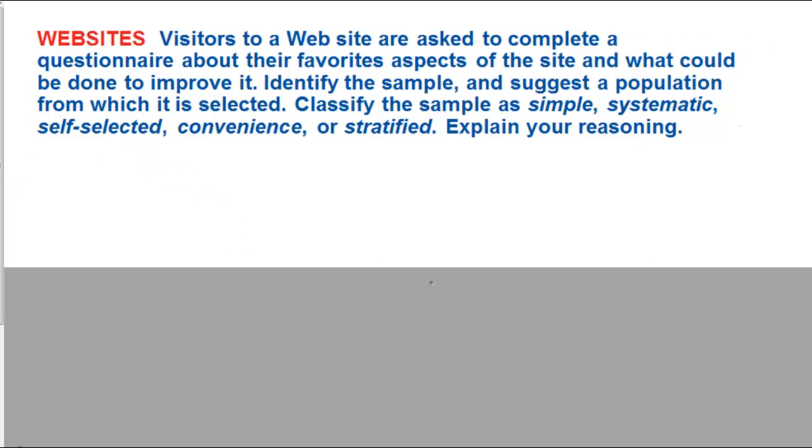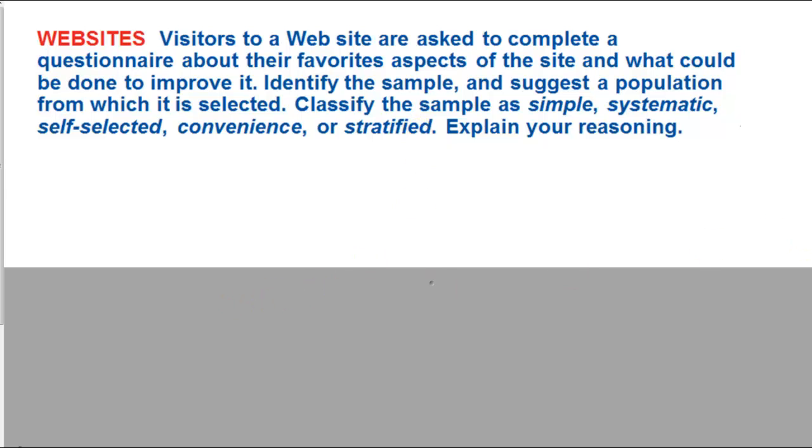In this next one, visitors to a website are asked to complete a questionnaire about their favorite aspects of that site and what could be done to improve it. So once again, we're choosing between simple, which is random, systematic, self-selected, convenience, or stratified.